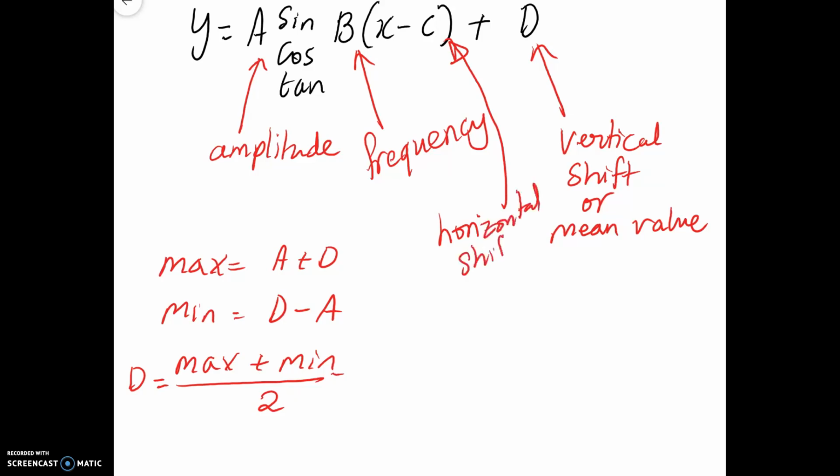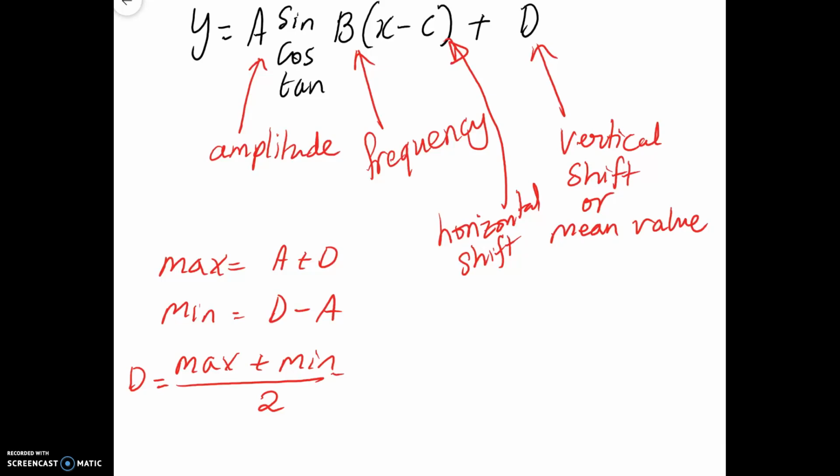Now, you have to remember that it's written as x minus c, so when we actually look at it in the graph, a minus c would shift the graph c to the right, and a plus c would shift the graph c to the left.